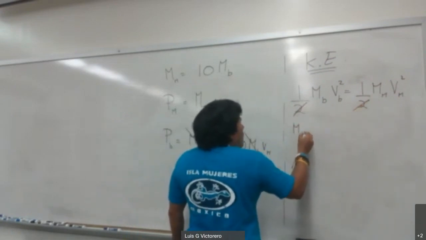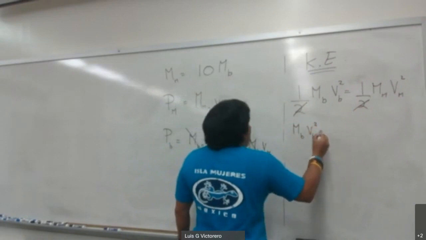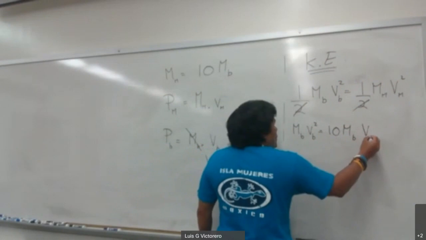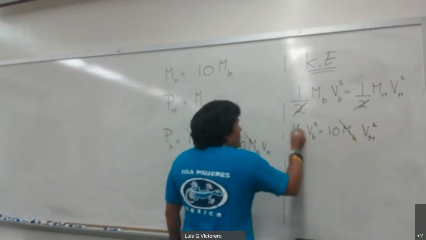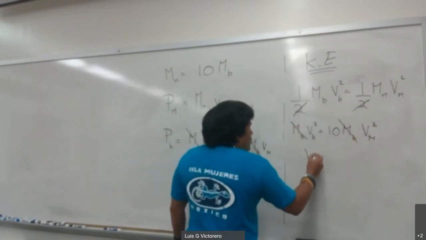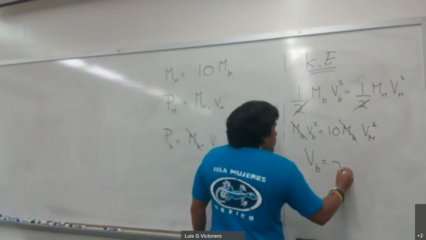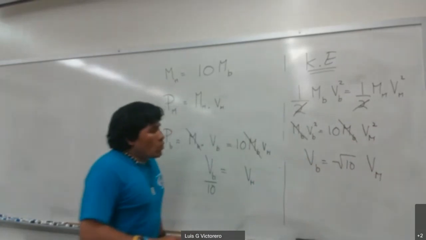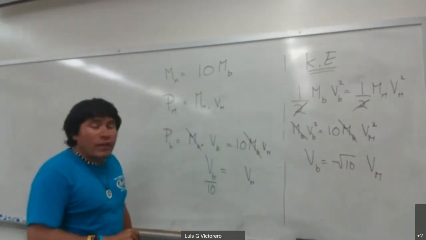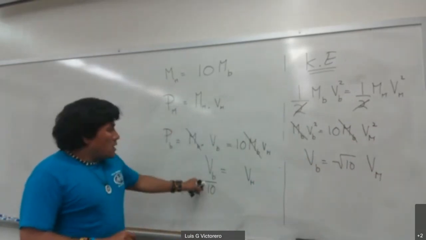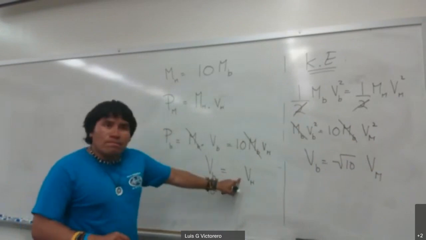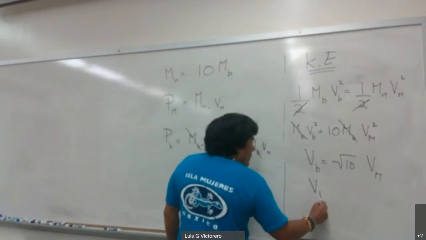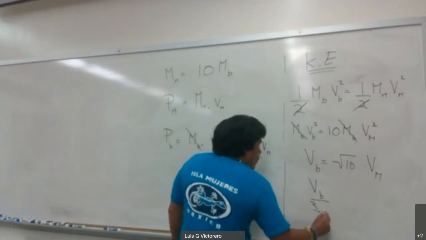Mass of the baseball, velocity of the baseball squared equals 10 times mass of the baseball, velocity of the medicine ball squared. This cancels, and if we take the square root, the velocity of the baseball will be the square root of 10 times the velocity of the medicine ball. The square root of 10 is approximately 3.3. And this was 10. So the velocity of the baseball here divided by 3.3.